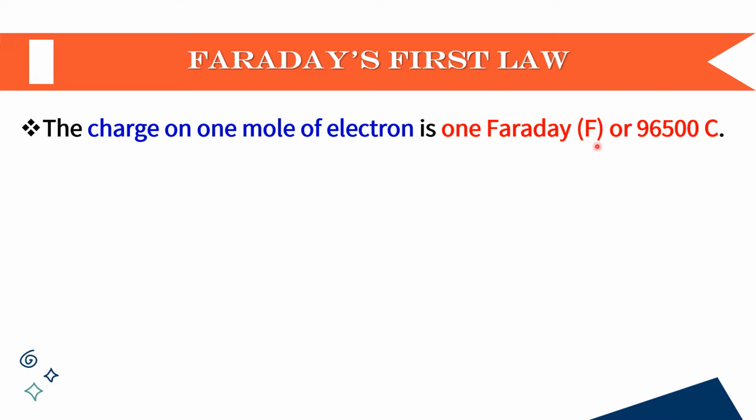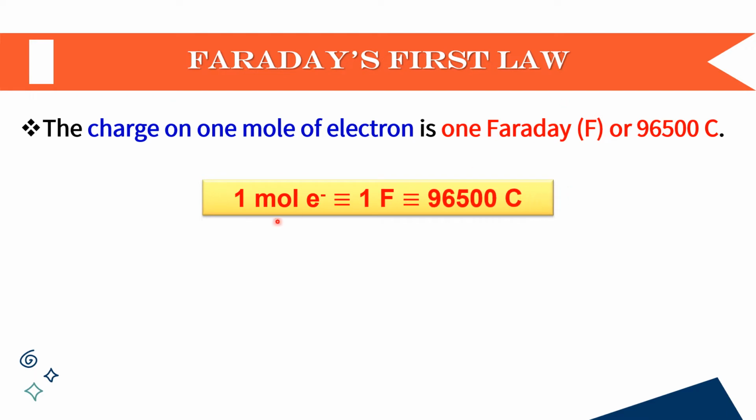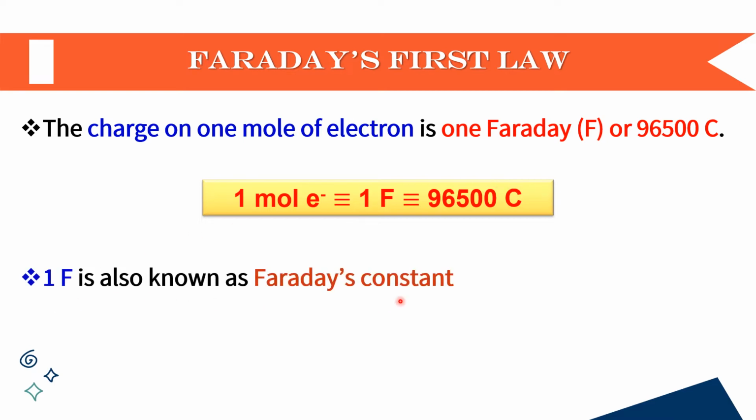Atau kita samakan dia dengan 1 Faraday. Okay. So macam inilah dia punya persamaan. 1 mole of electron equals to 1 Faraday which have 96,500 coulomb of charge. So this 1 Faraday is also known as the Faraday's constant.